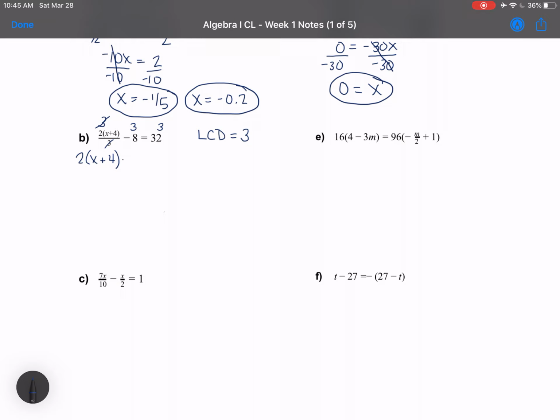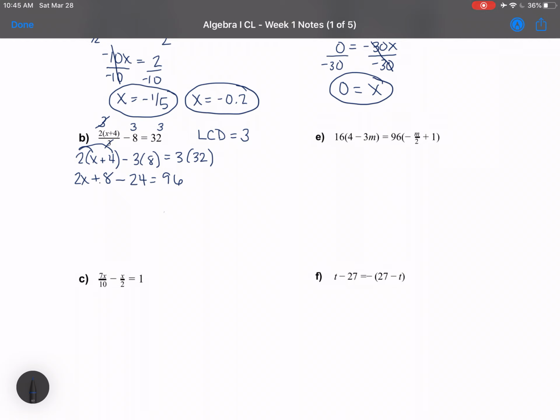We have nothing to cancel here, so we have minus 3 times 8 equals 3 times 32. Now we're going to get rid of our parentheses by using the distributive property and multiplying. So 2 times x is 2x, and 2 times 4 is 8, minus 3 times 8, 24, equals 3 times 32, 96.